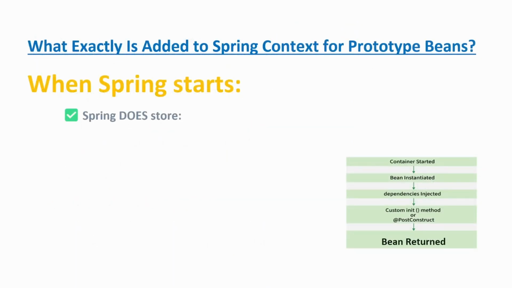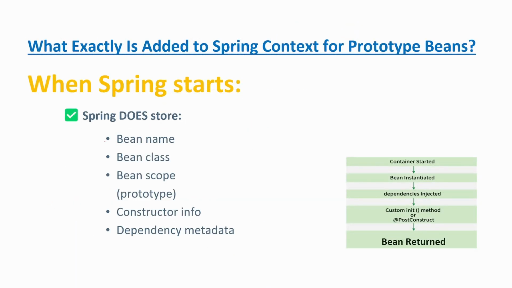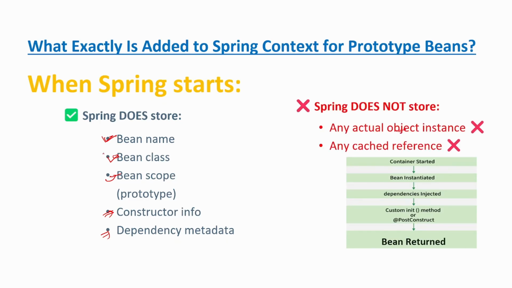And so when Spring starts, it stores only the metadata like bean name, bean class, bean scope, constructor info and dependency metadata. Spring does not store the actual object instance or any cached reference in the Spring context. So initially when the container is started, in case of a Singleton bean, the object is created and the actual object is stored in the Spring context. But in case of a prototype bean, the actual object is not created.